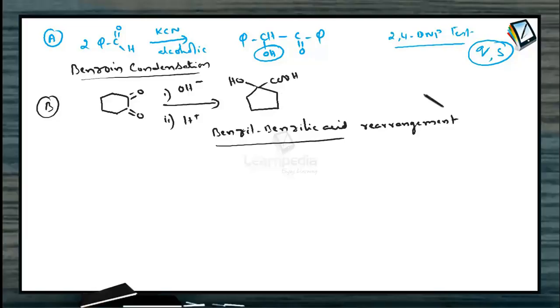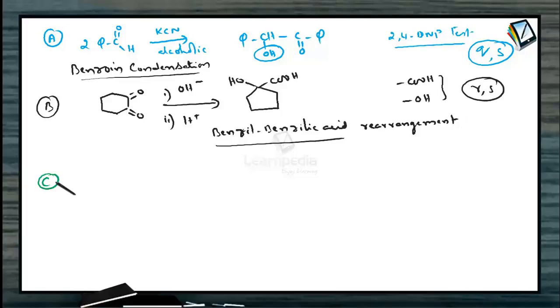So therefore it gives the test for COOH with sodium bicarbonate and also gives the test with sodium metal to liberate hydrogen, and likewise this OH group. So therefore the answer will be R, that is the final product reacts with sodium bicarbonate and liberates carbon dioxide because of the acidic group, and the acidic group as well as this OH group react with sodium metal to liberate hydrogen. So the answer is RS.